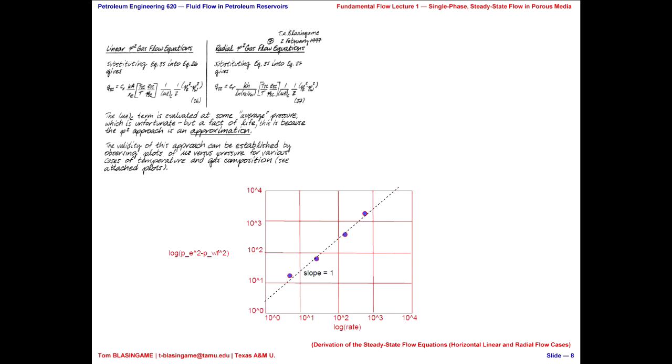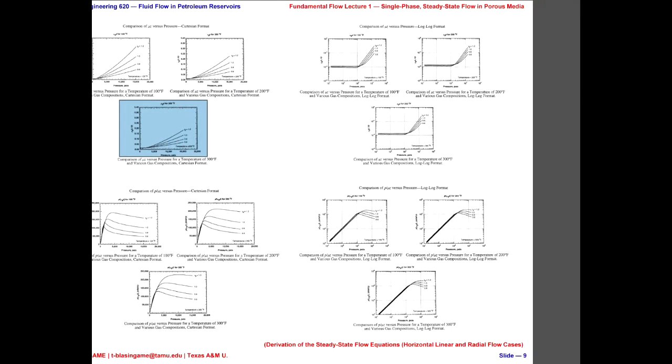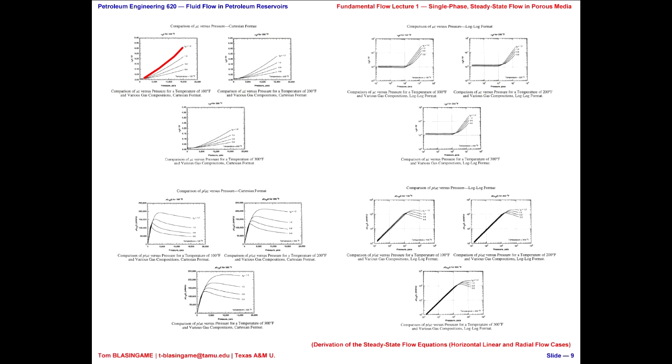Let's take a quick look. These are all a bunch of graphs, and I'm sorry for their small size, but it's important. This is mu z versus p. Now, I know this is a complicated concept, but this is probably not horizontal, correct?